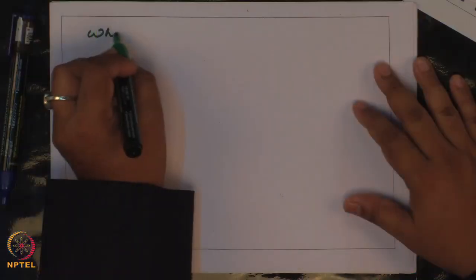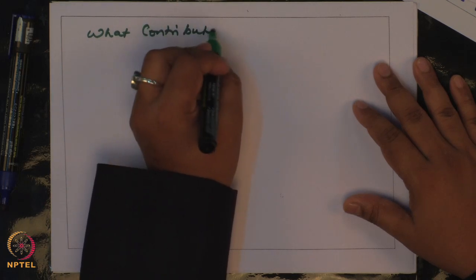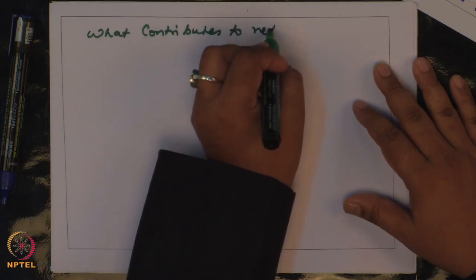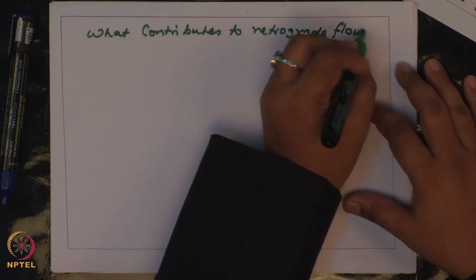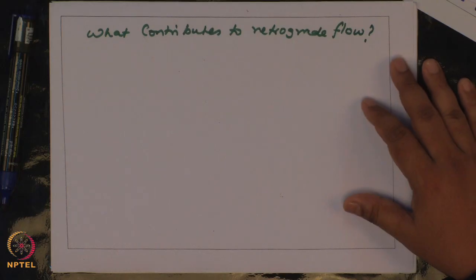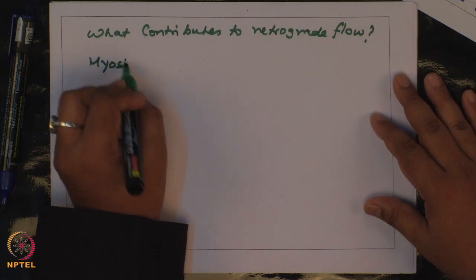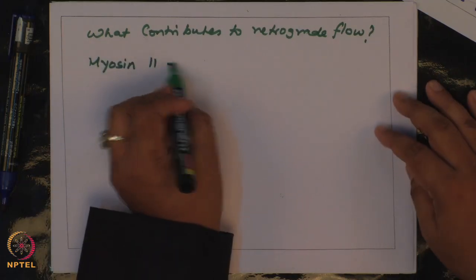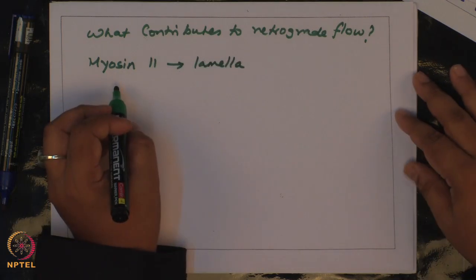So, the question that arises next is what contributes to retrograde flow. You know previously that myosin 2 was enriched in the lamella, and what does myosin 2 do?